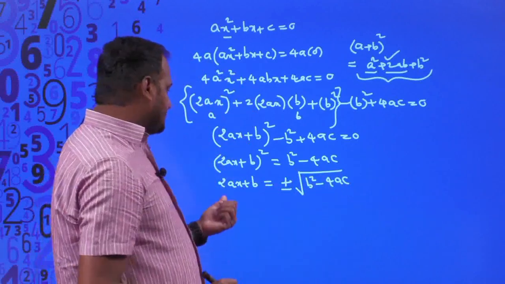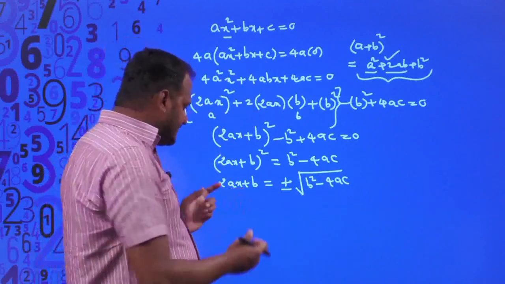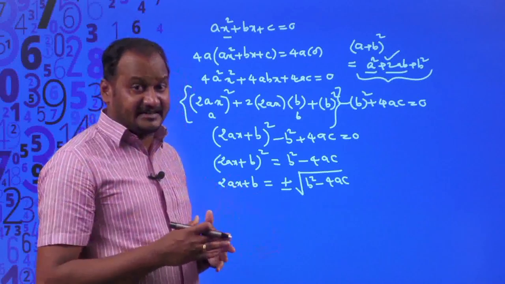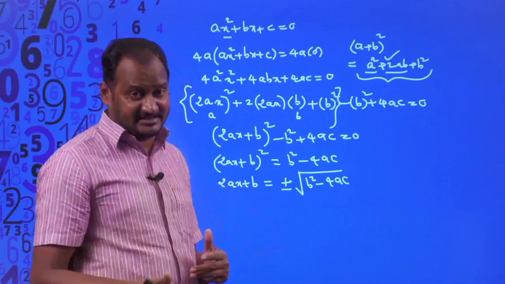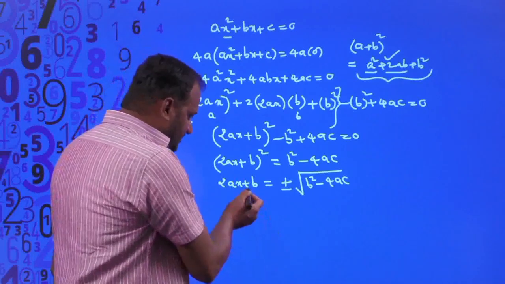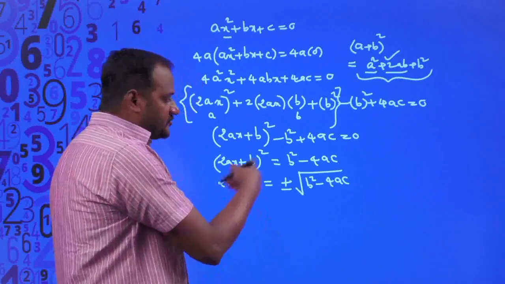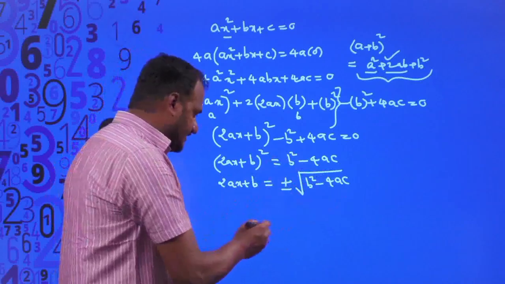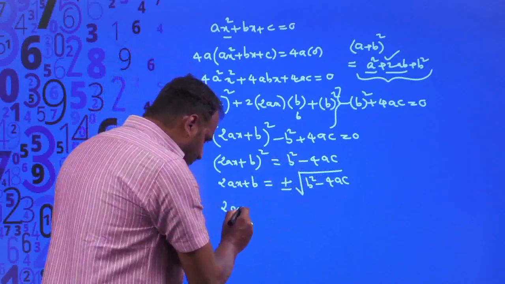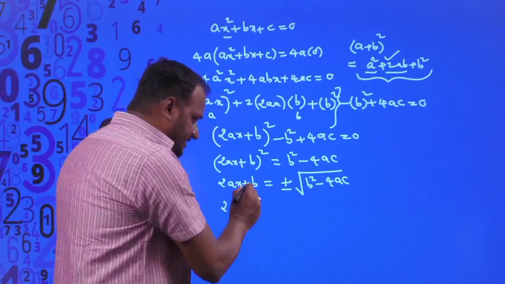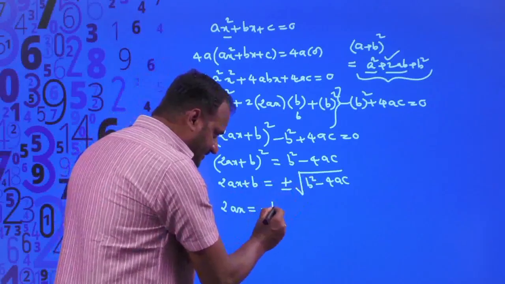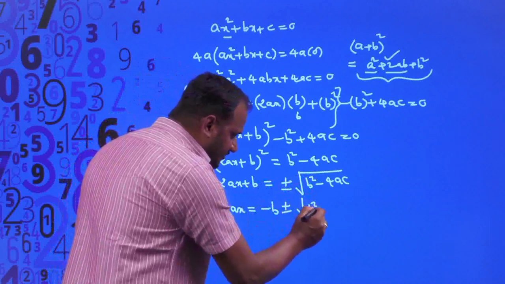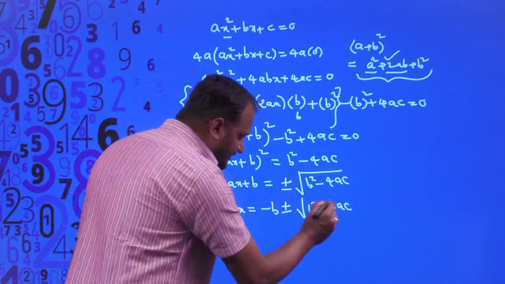Correct? But still you want the value of x, right? See, this x is grouped with some other terms, so try to make x alone, means make x the subject. For that, first of all, transpose b towards the right hand side. Since it is positive b, it will be negative b on the right hand side. So 2ax is equal to minus b plus or minus square root b square minus 4ac.